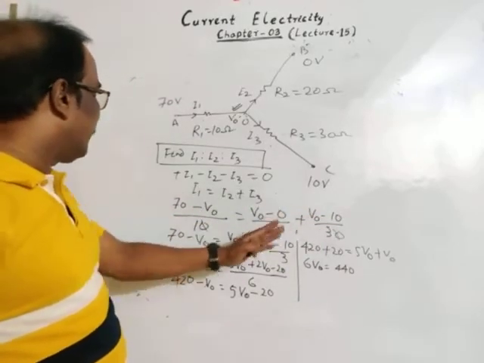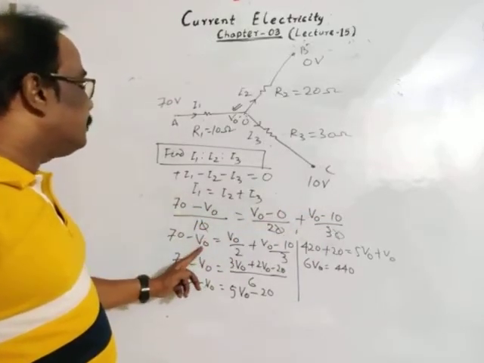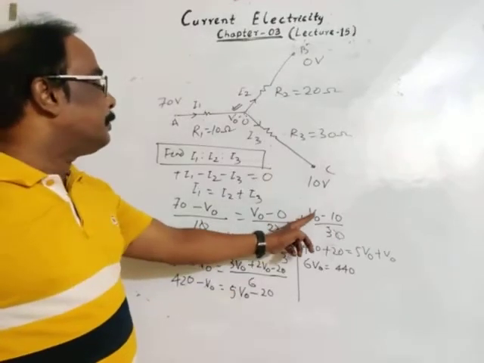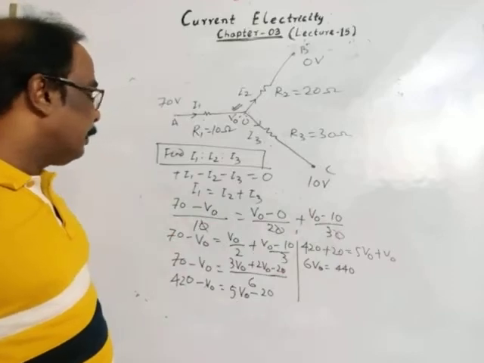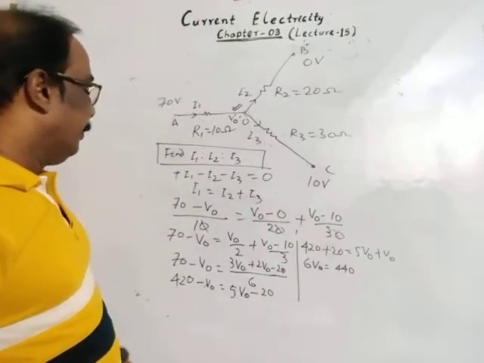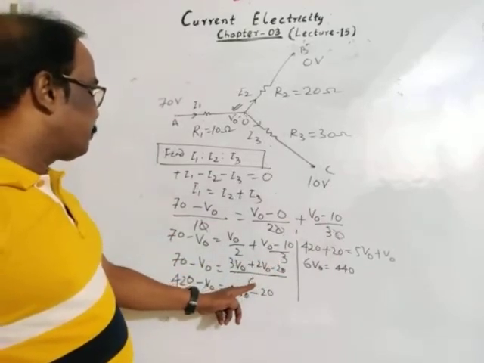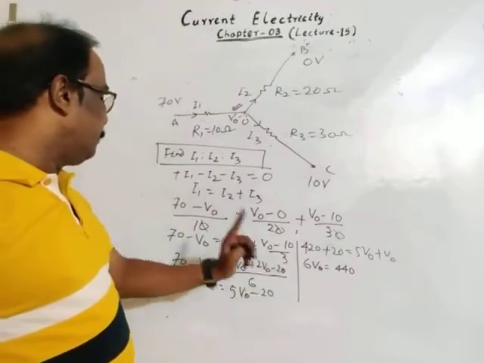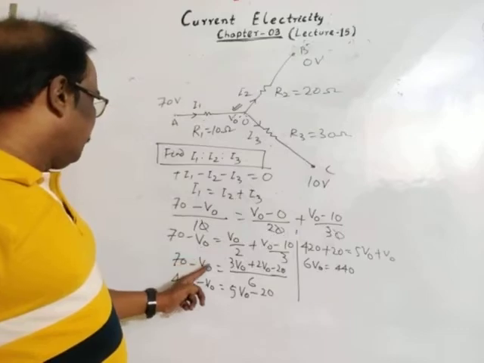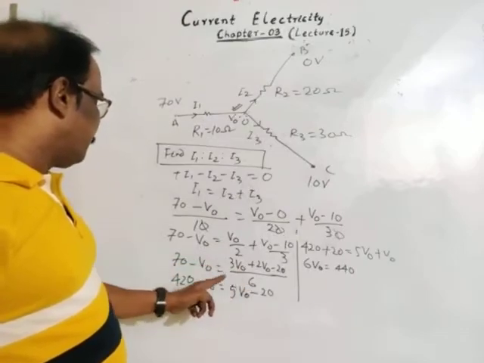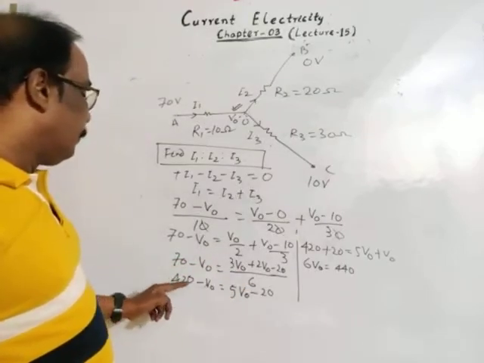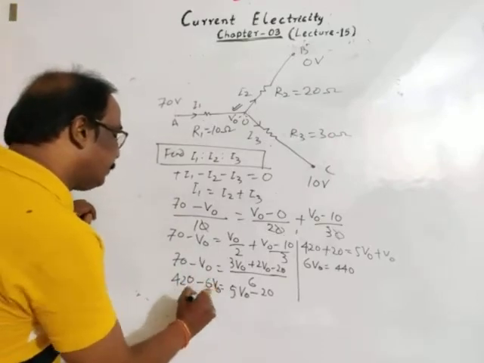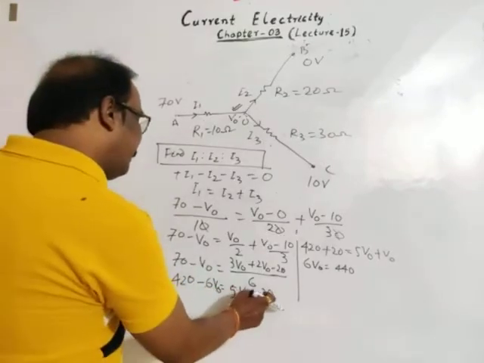Okay, 0, 0, 0 cancel. 70 minus VO is equal to VO divided by 2 plus VO minus 10 divided by 3. Okay. Then LCM is 6. This is 3 VO, then 2 VO minus 20. 70 minus VO, 6 is cross multiplied. Oh, here 6 VO, sorry. This is 6 VO. Okay. This is 5 VO minus 20.